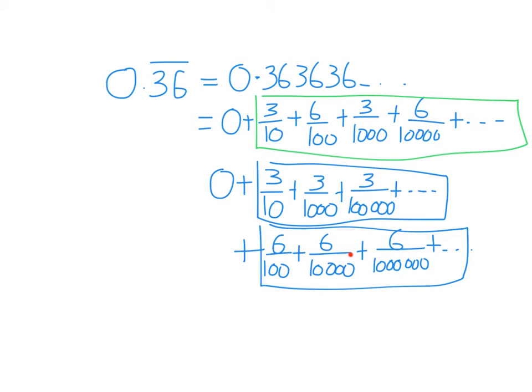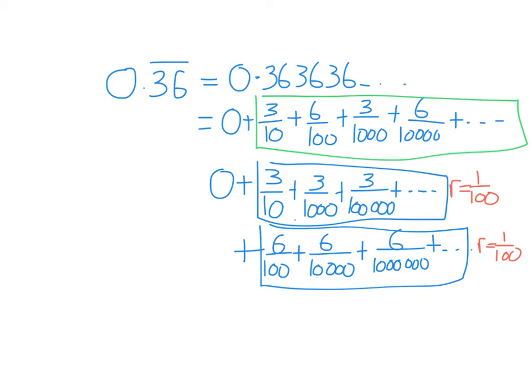Both of these will have a limiting sum because here in this geometric series, I have a common ratio of 1/100. If I times this by 1/100, I get that. If I times this by 1/100, I get that. Similarly here, the common ratio is 1/100. So both of these have limiting sums. Let's calculate them independently.